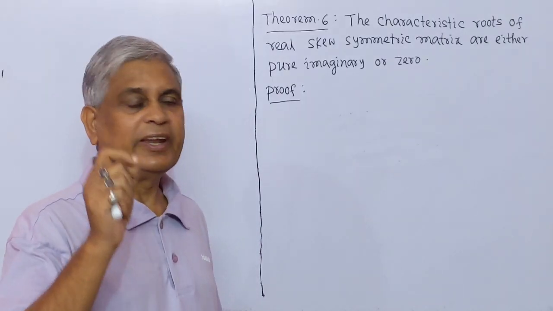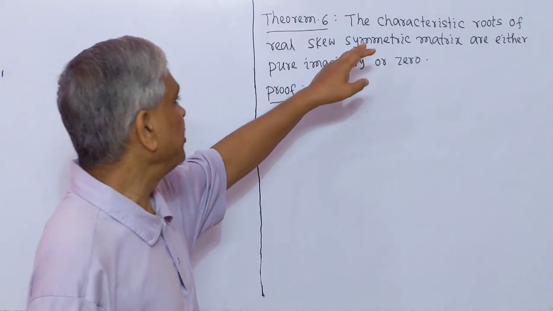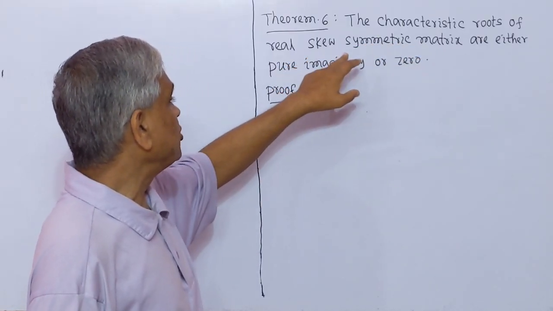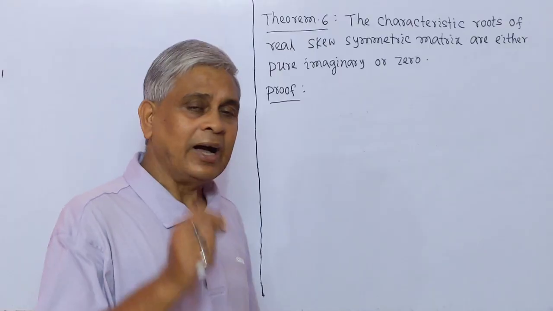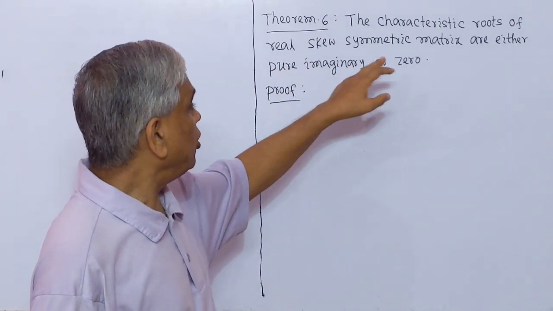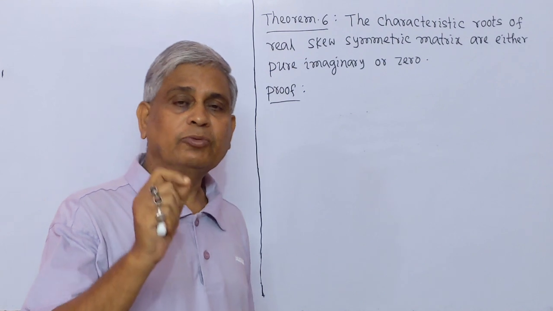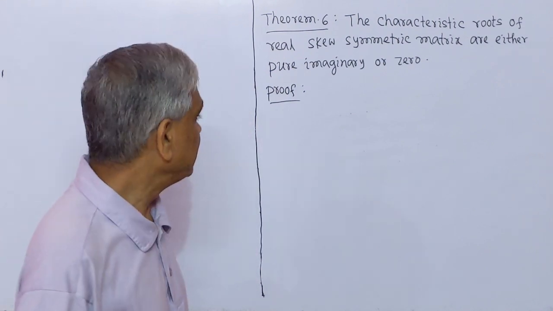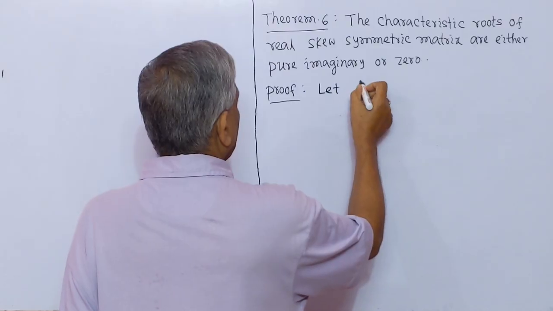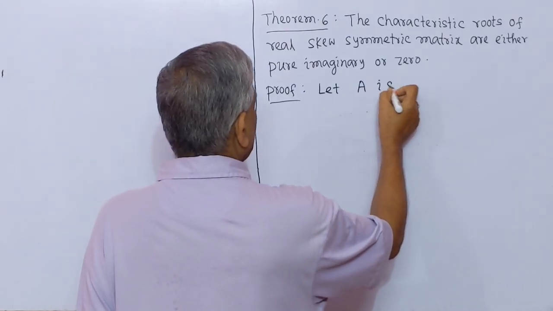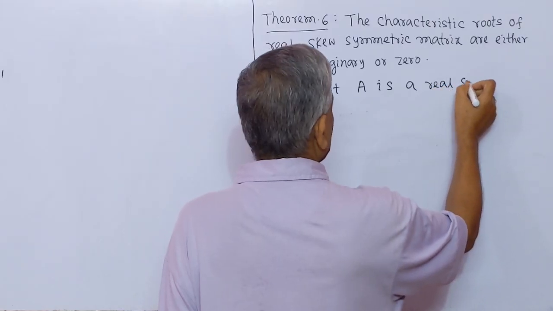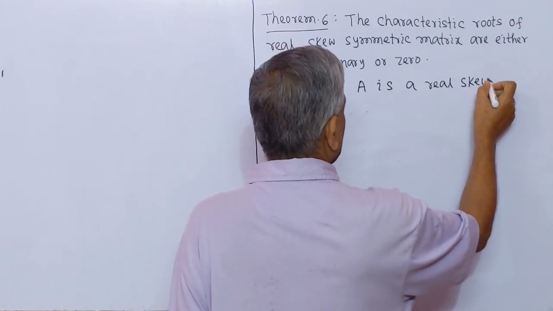Now we prove the next theorem. The next theorem is: the characteristic roots of a real skew-symmetric matrix are either pure imaginary or 0. Now we prove this. Let A be a real skew-symmetric matrix.